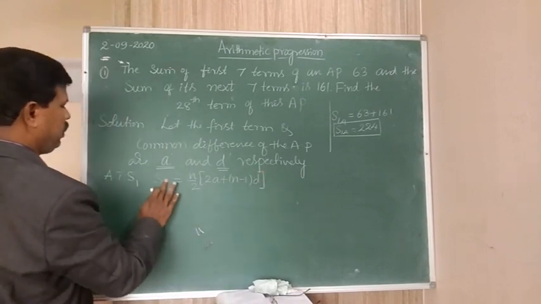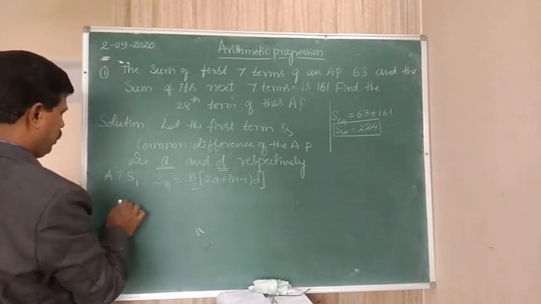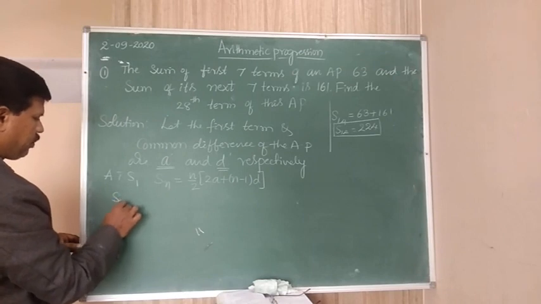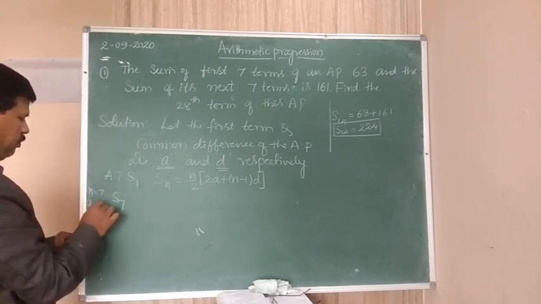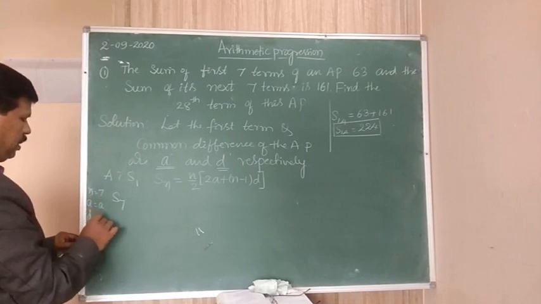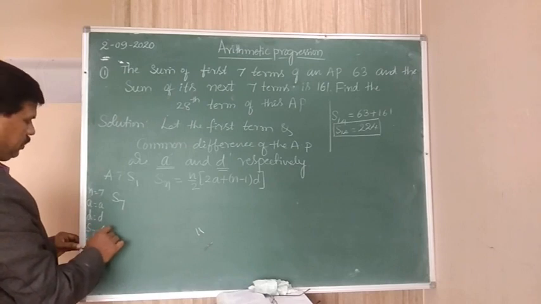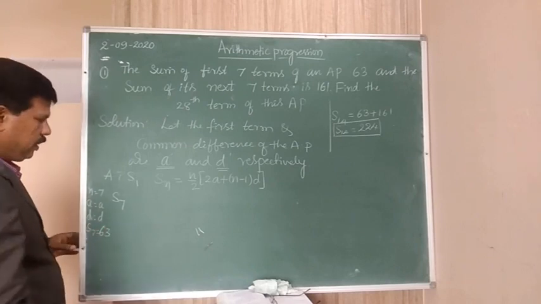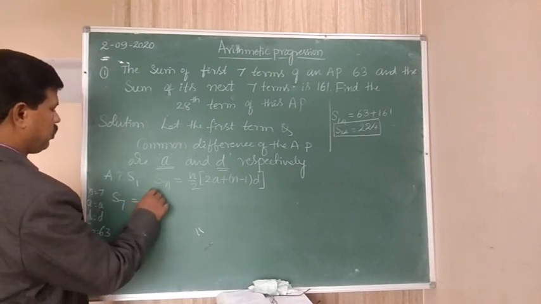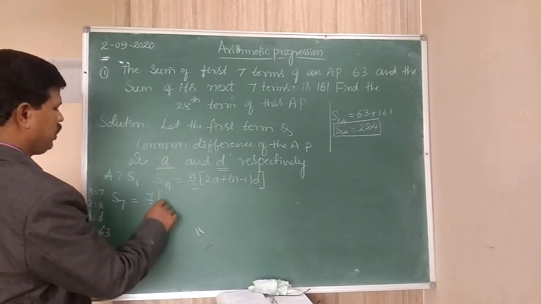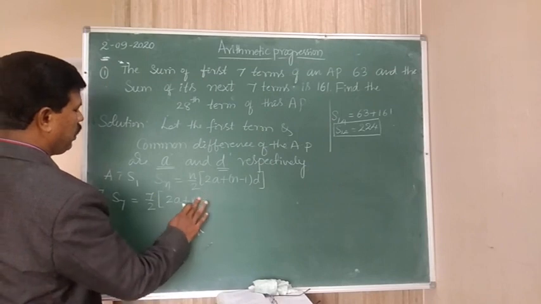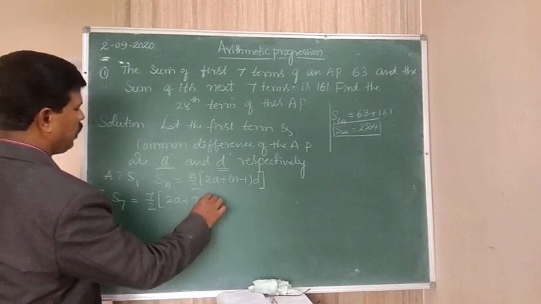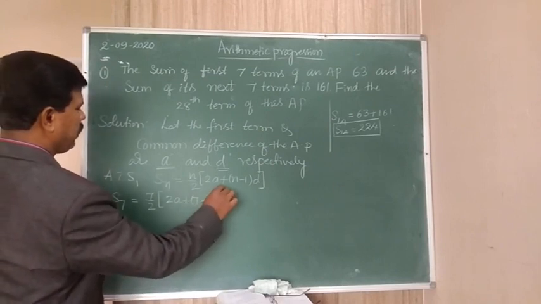Here n is equal to 7, a is a only, d is d only, and S7 is given by 63. First you write down like this. Now S7 is equal to 7 by 2 into 2a plus 7 minus 1 into d.